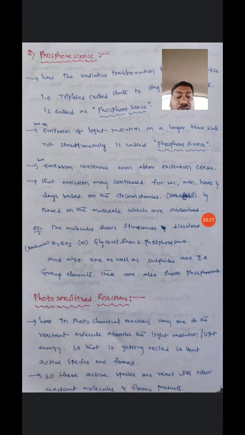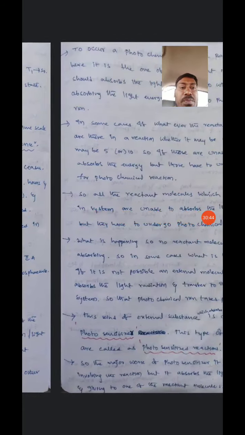These active species react with other reactant molecules, and finally form products.